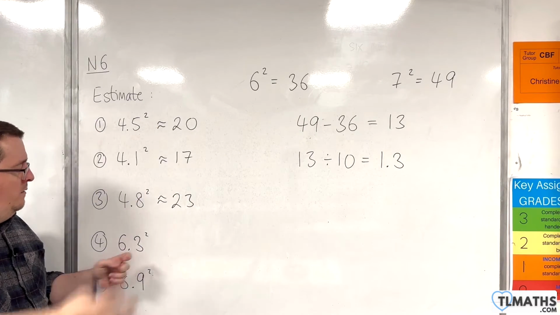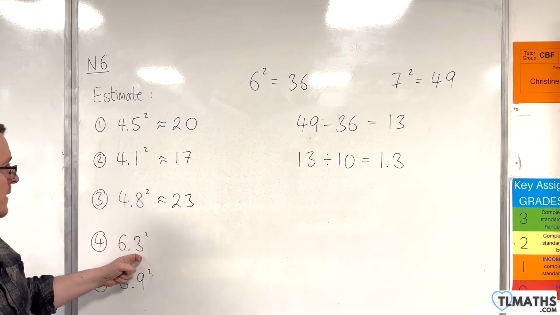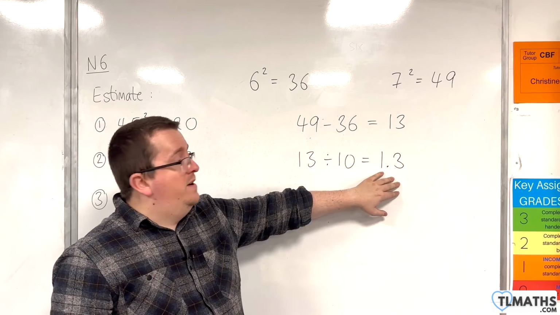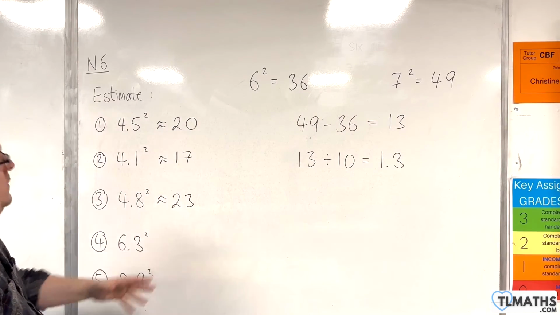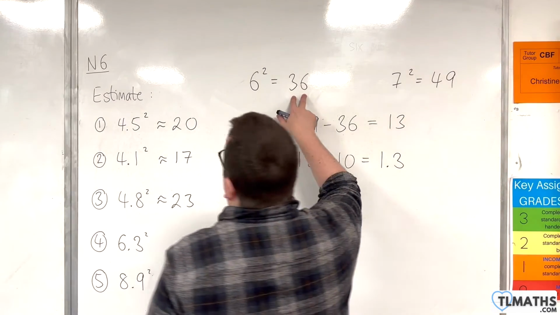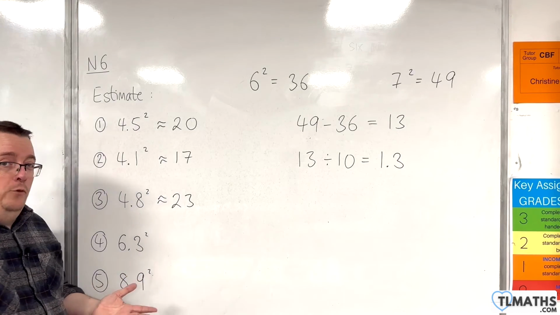I'm 3 intervals along. Okay, 6.3 squared. So 3 lots of 1.3 is 3.9, so about 4. So if I added 4 onto this, I would get 40. So I'd say it's about 40.